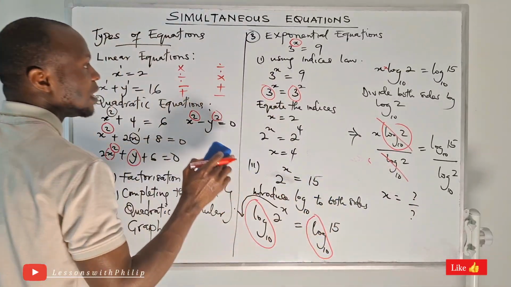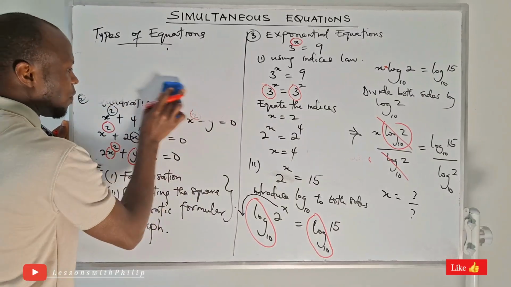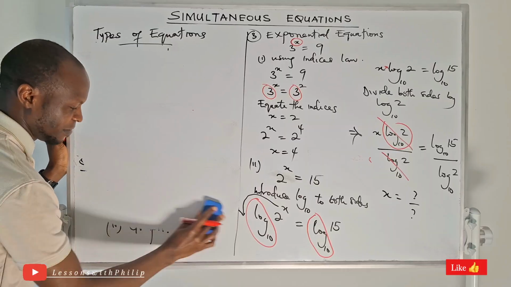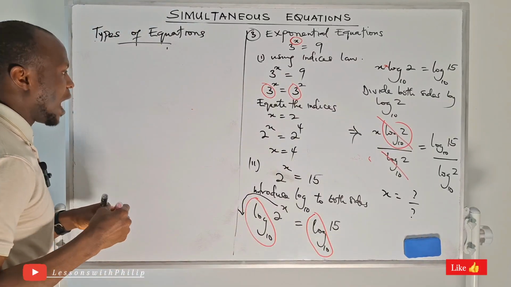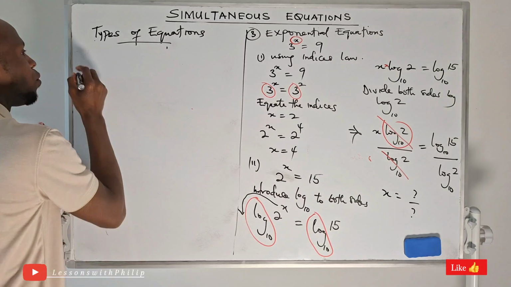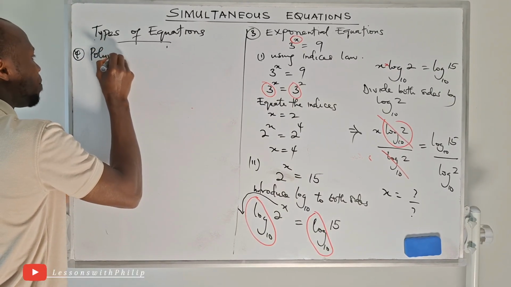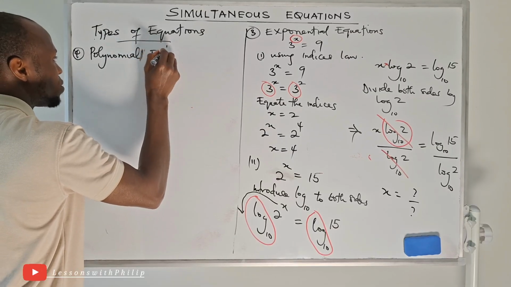All right, now we have done exponential equations. Okay, now let's go further. We are just trying to refresh ourselves with this knowledge. Now another type of equation is what we call polynomial equations. Number 4, we have polynomial equations.